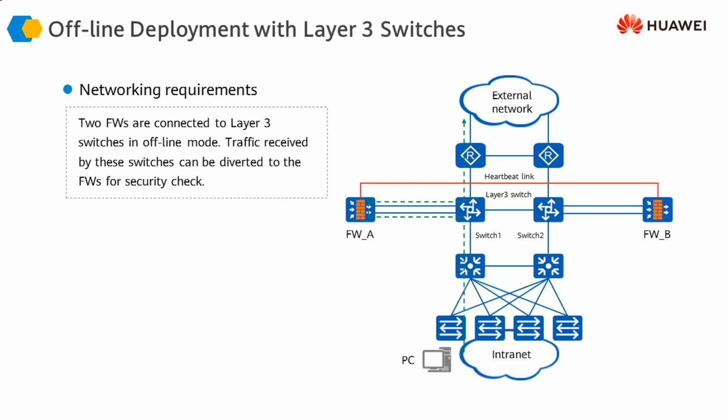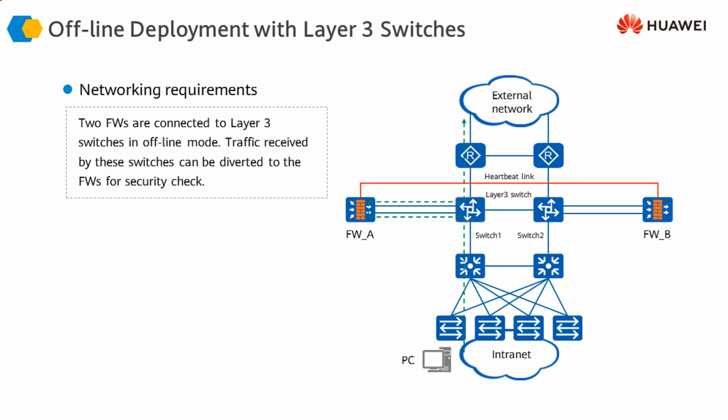And the last scenario is the offline deployment. In offline deployment, you can see that the firewalls are not connected in the line or in the path of the traffic flow. However, we have two layer 3 switches in the path of traffic flow. The traffic going from the intranet towards the external networks or the internet is exchanged through these layer 3 switches.